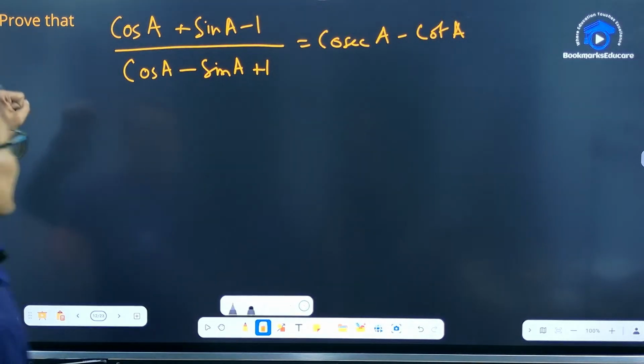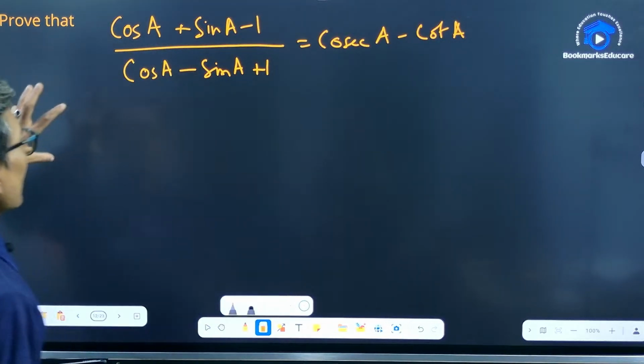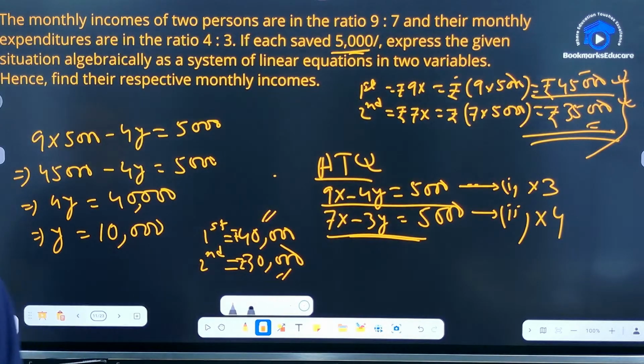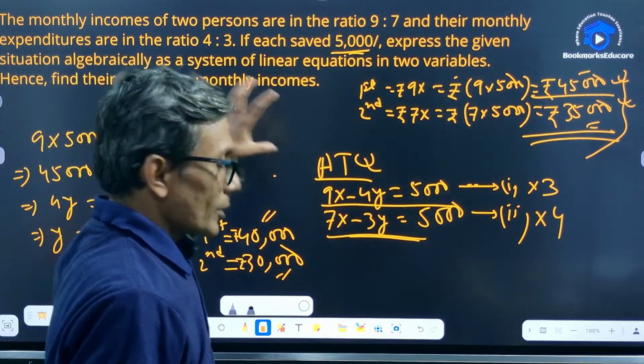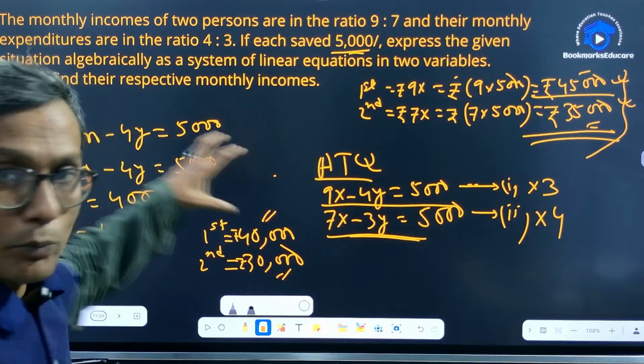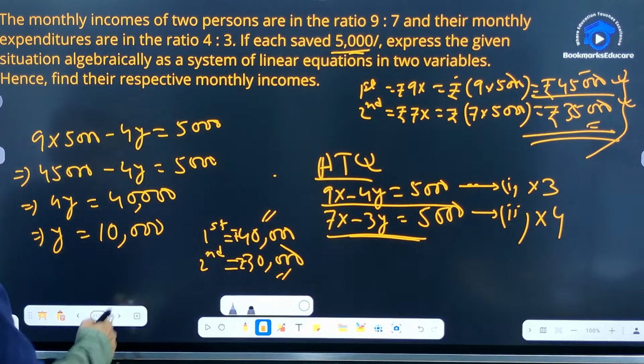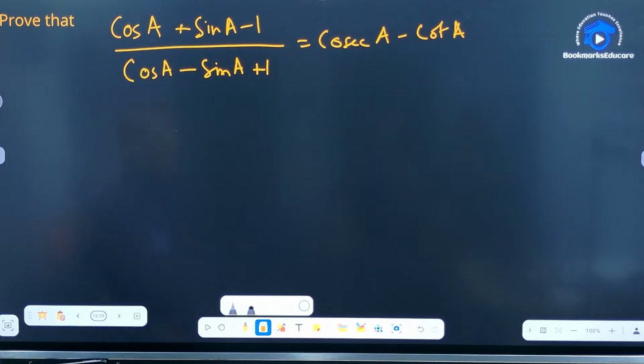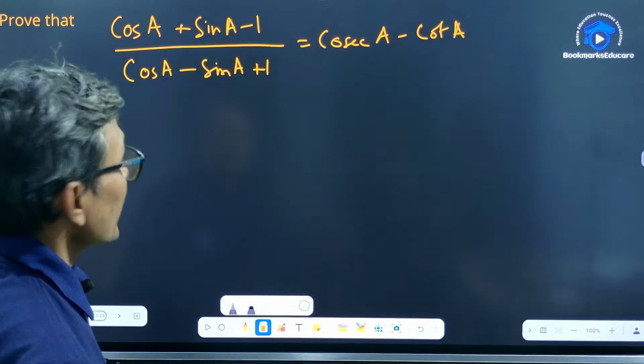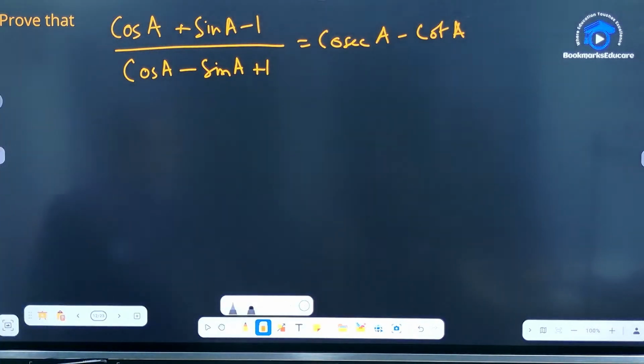Prove that... this sum was from linear simultaneous equations, and after that this sum belongs to trigonometric identities.